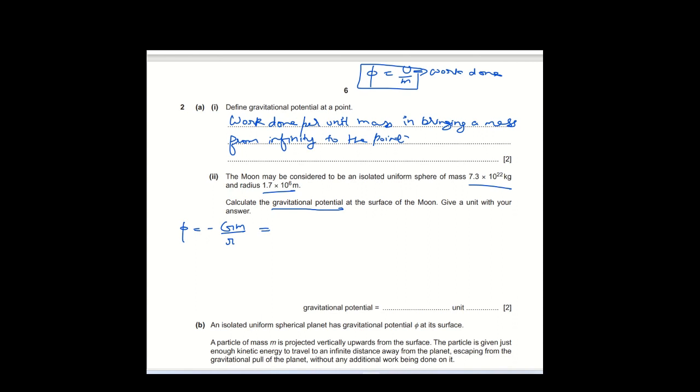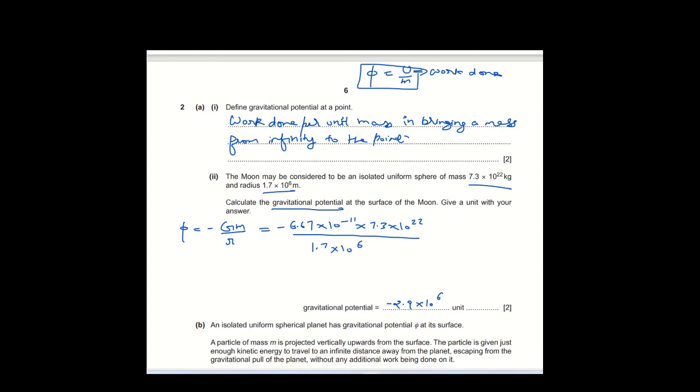The gravitational constant value will be given to you in the paper. So it will be 6.67 into 10 raised to power minus 11 multiplied by mass 7.3 into 10 raised to power 22 divided by 1.7 into 10 raised to power 6. In calculation we will get gravitational potential as minus 2.9 into 10 raised to power 6.